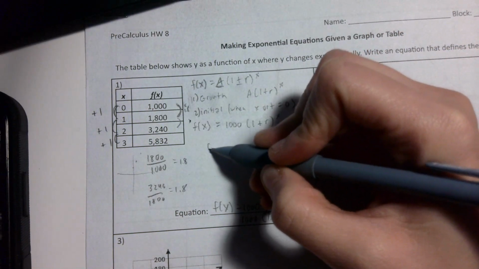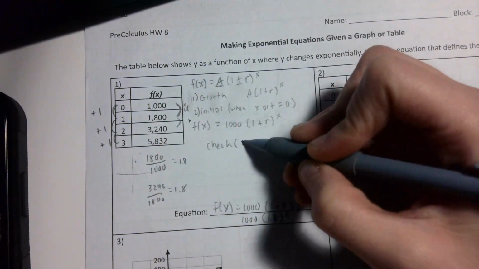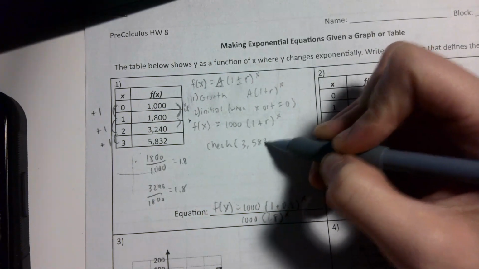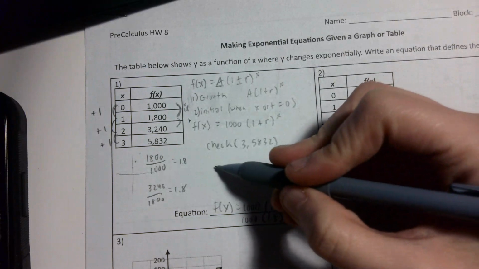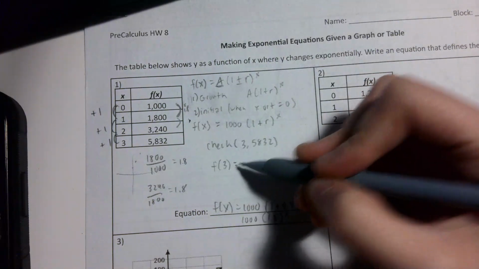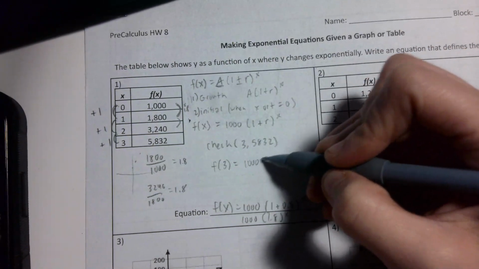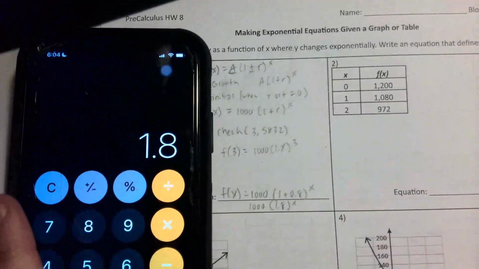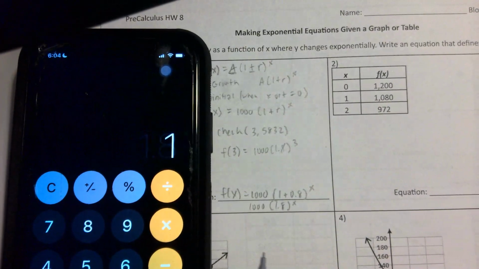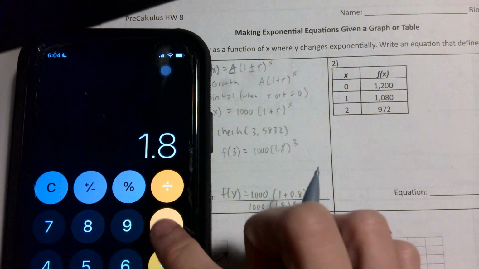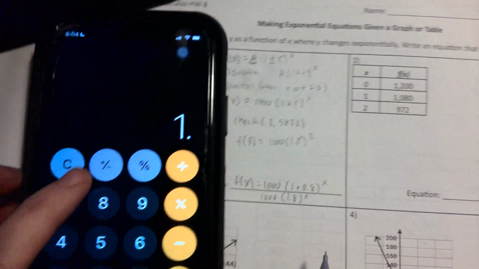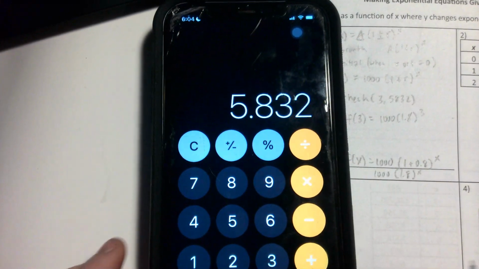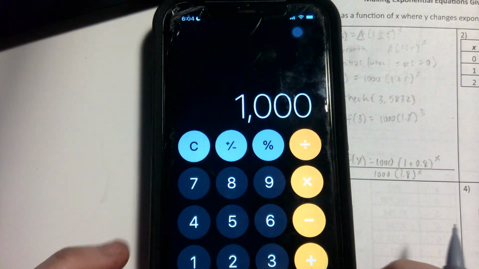Another way that we could check is let's plug in a point, right? Let's check 3, 5832, right? So if I go f of 3 equals 1,000 times 1.8 to the third. So 1.8 times 1.8 times 1.8 times 1,000 equals 5832.